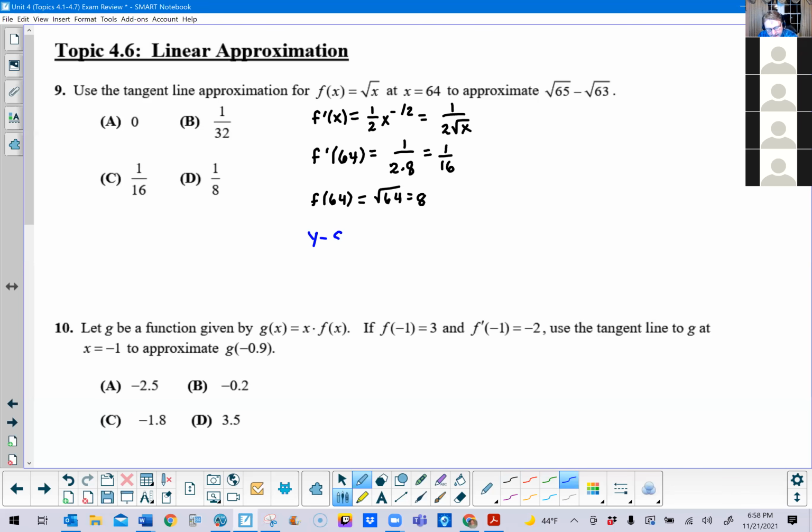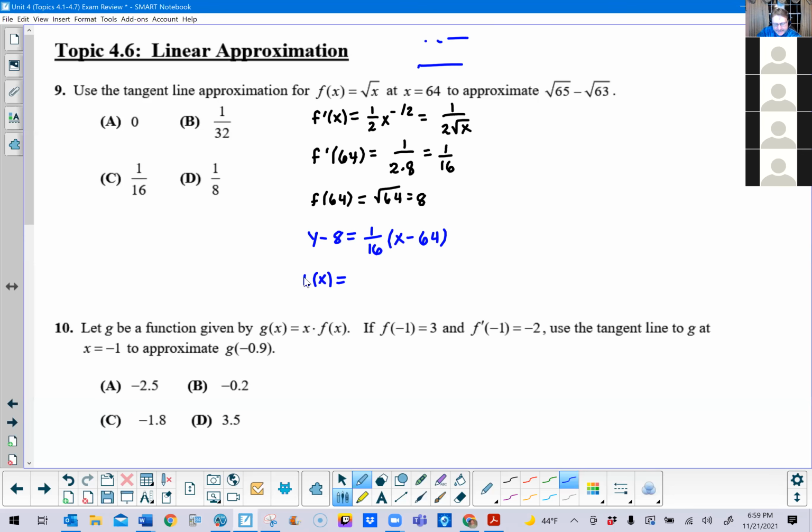y minus our y equaling our slope, quantity x minus our x, which was 64. Okay, and if it helps, you can write the word point, you can write the word slope up there to keep track of it, but this will work fine. Remember how we like to say that the y is really going by the name L of x, because that's what we can use to approximate.